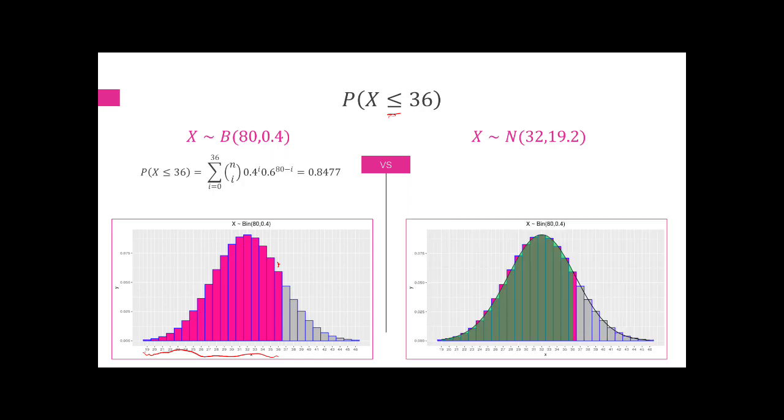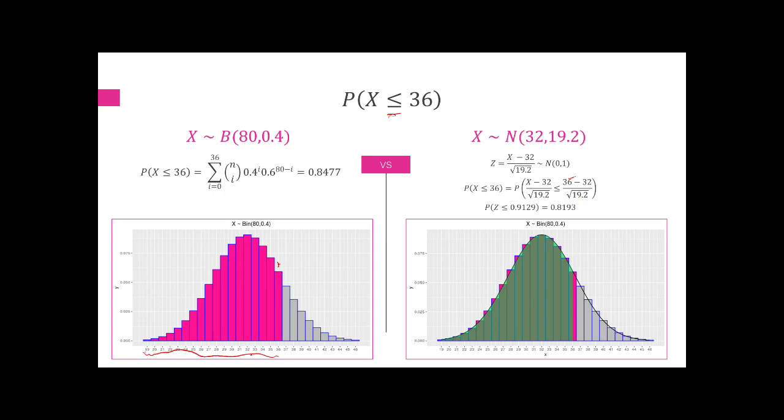We can do the same thing with the normal, except now our bound is still at 36, but we're calculating all the area to the left of the bound. So we do the exact same thing as before, standardize our normal: the probability that x is less than or equal to 36 is the same as the probability that some normal is less than or equal to 36 minus 32 over root 19.2.